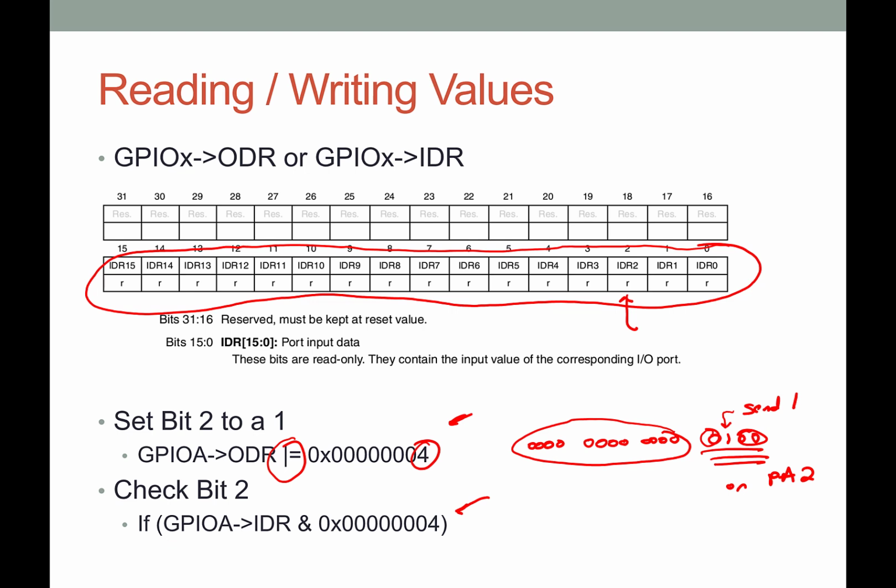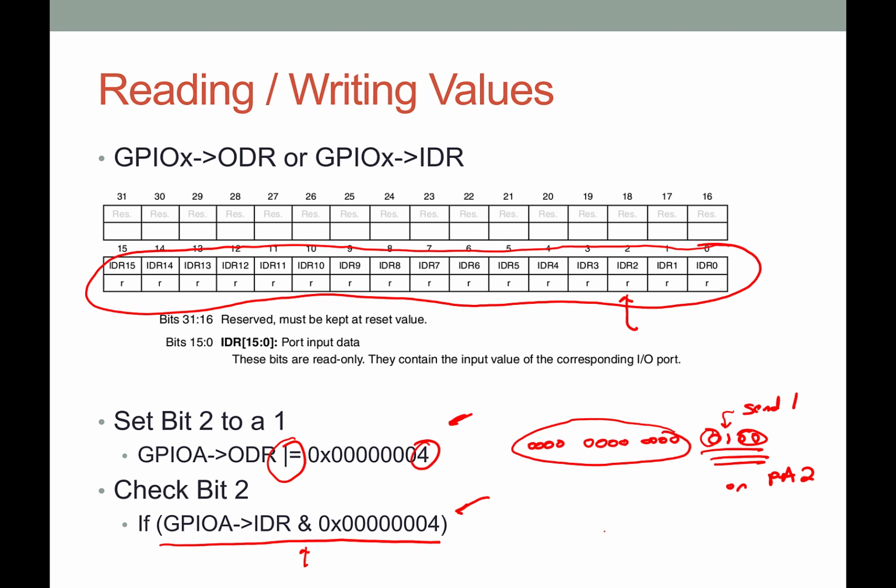Now, what about this one though? This one is checking bit 2, it says, and let's just see. This is looking at the input data register and saying, okay, this is looking at the input register for GPIO port, and it says, okay, we're going to AND it with 4.